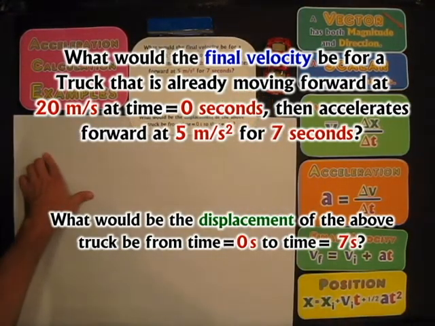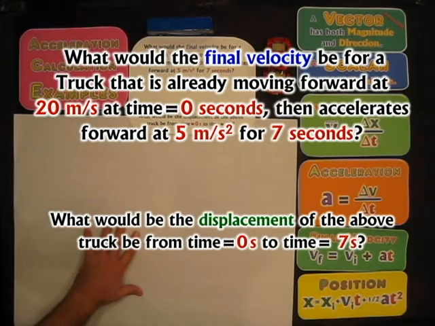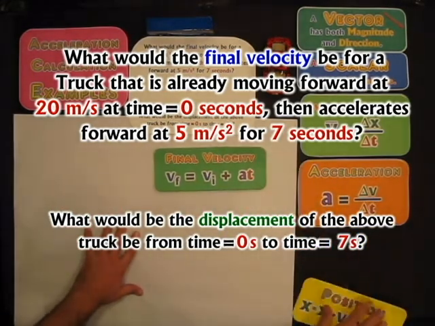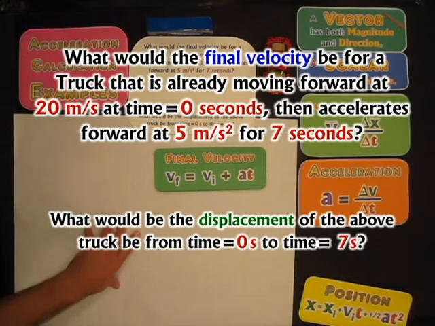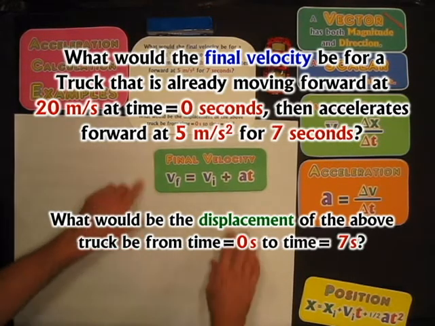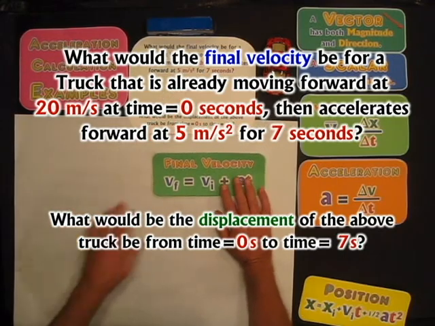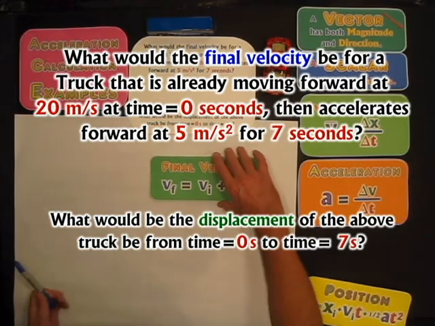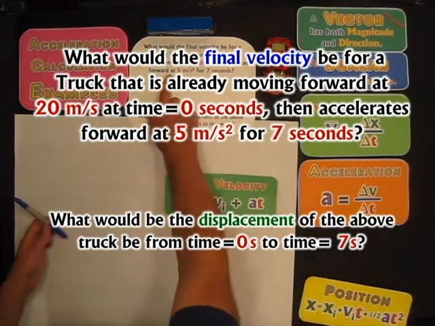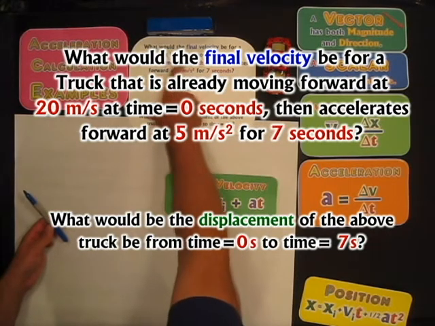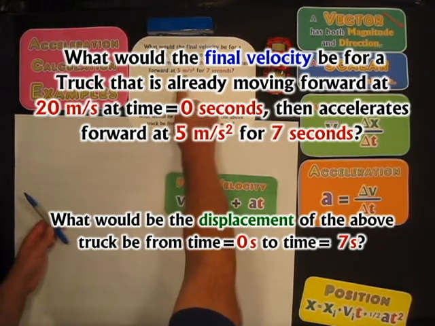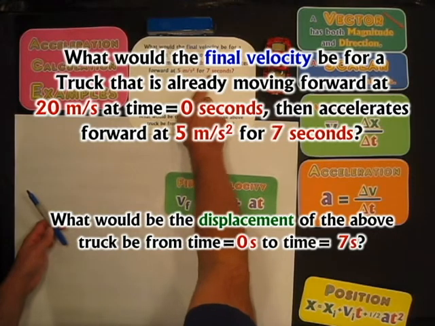What would be the final velocity for a truck that is already moving forward at 20 meters per second at time equals 0 seconds? So this time it makes it very clear when we're starting. Then it accelerates forward in the same direction that it's moving, forward, at 5 meters per second squared for 7 seconds.